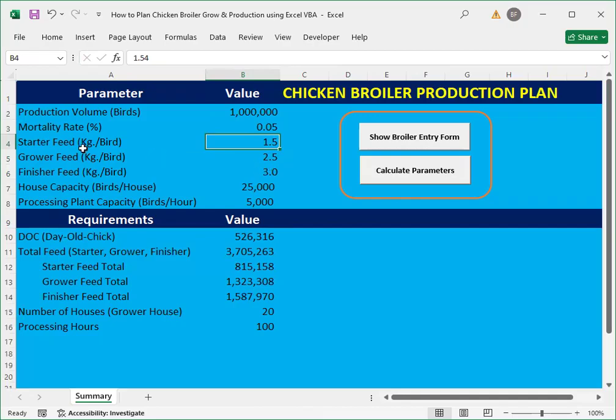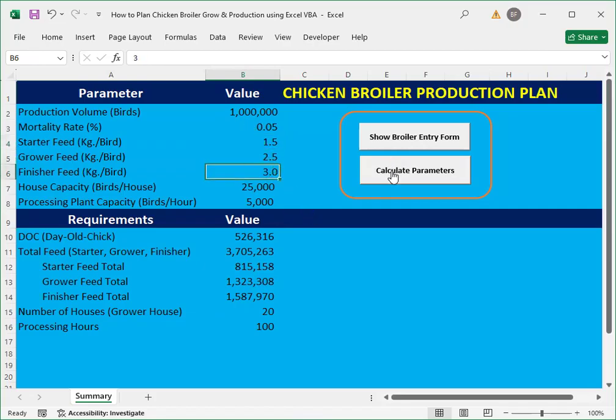Perhaps this depends on the kind of bird or DOC that we buy from the market or from the hatchery plant, the producer of day-old chicks. Okay, like Hybro, Avian birds, depending. But this is normally the average consumption per starter feed of 1.5 kilogram, 2.5 kilogram, 3 kilogram.